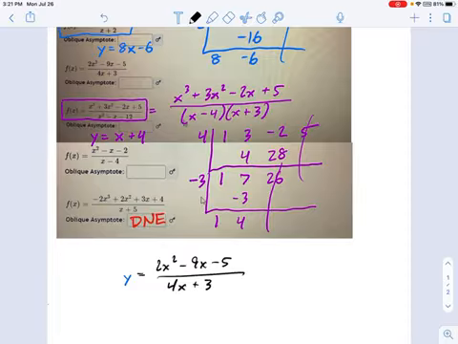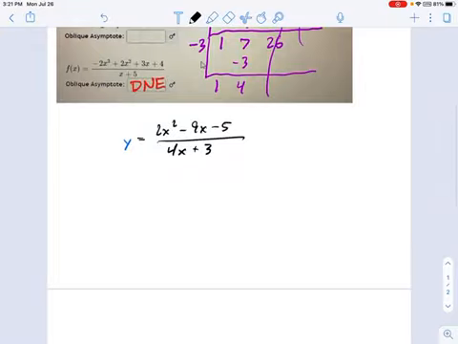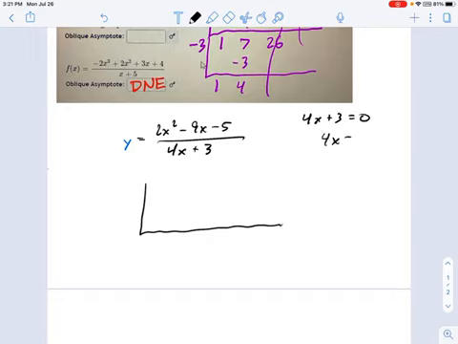So it's more synthetic division. But what you have to do with this one is deal with fractions. Now, the 4x plus 3, let's do that first. 4x plus 3 equals 0. That means 4x equals -3. That means x equals -3/4. Okay, that is the root. And that's going to go over here, -3/4.